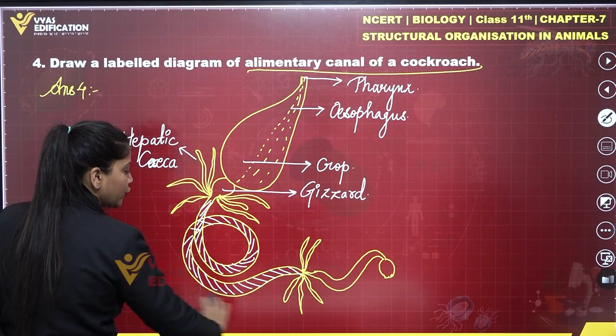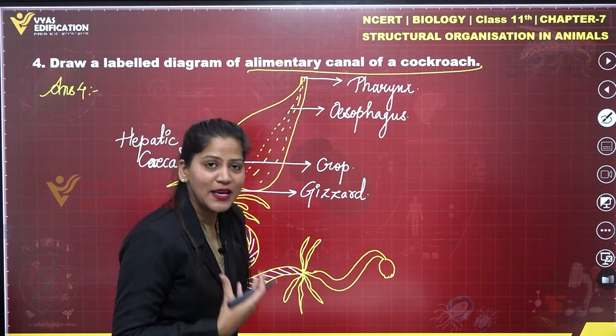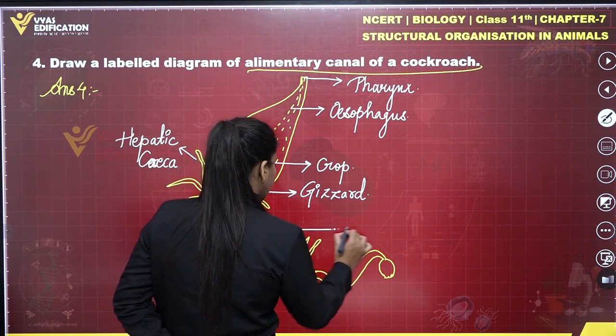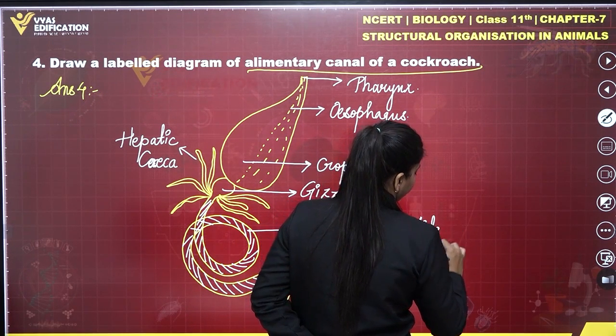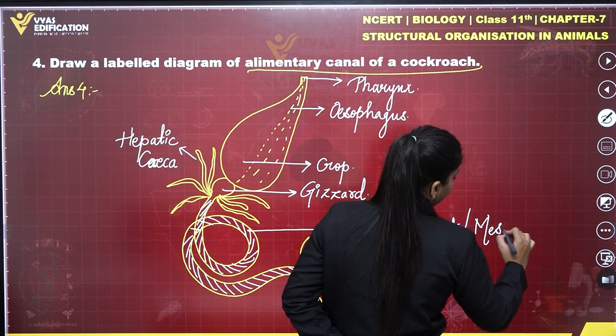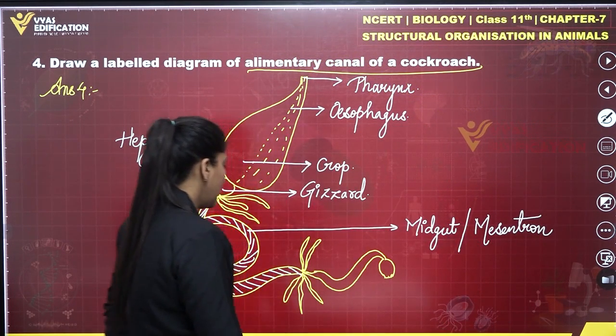So this whole portion is the midgut, and we can also call it the mesenteron in the cockroach, right? So this is your midgut, or you can call it the mesenteron.